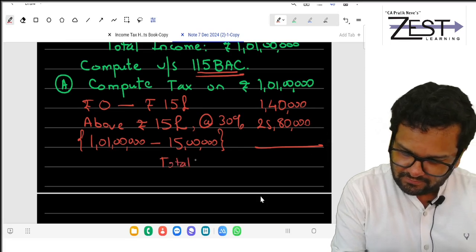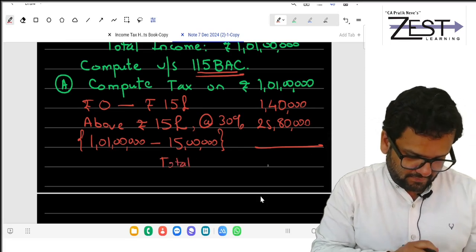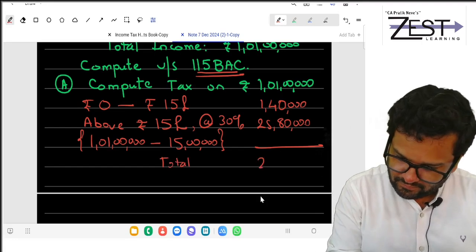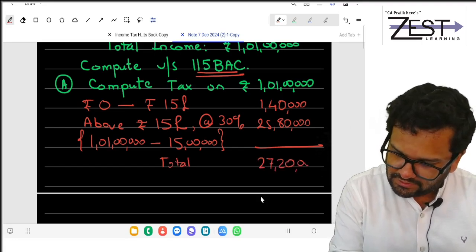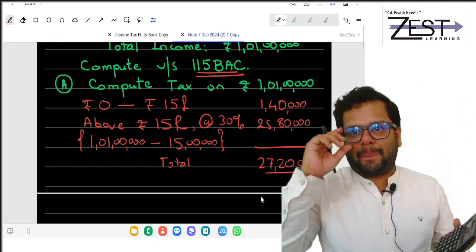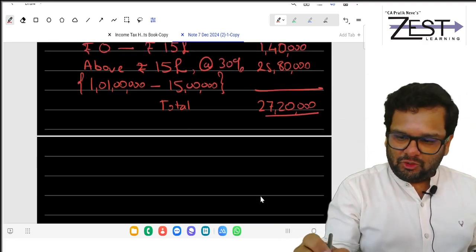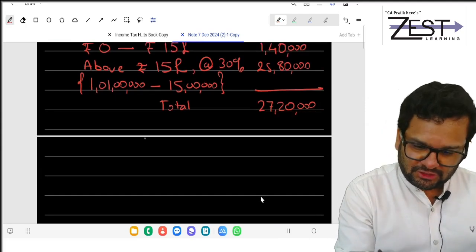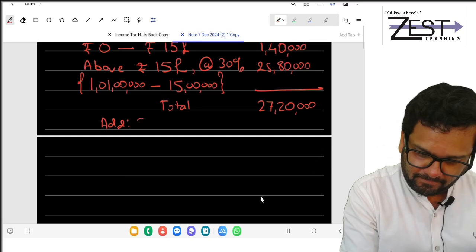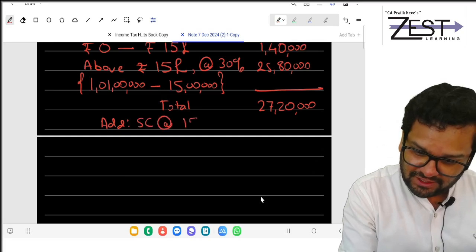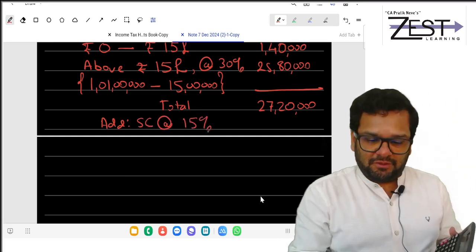Total is, yes. Any doubt till this? But you will calculate surcharge at 15%. Don't ask me why 15%.